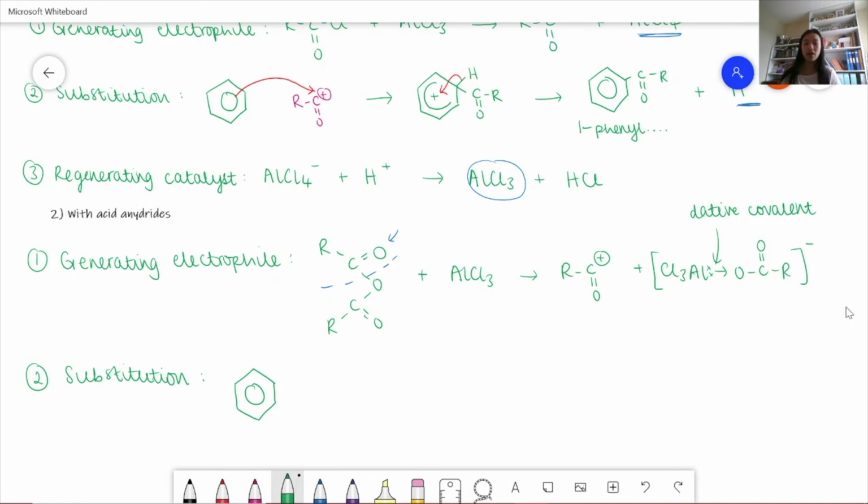So again, this RC double bond O with a positive charge on the carbon, and then again the electrons in the delocalized bit of the benzene are attracted to this positive charge on the carbon, and so they move towards this positive charge. And so they move across over to here, and then that means that we've temporarily broken the delocalized section.